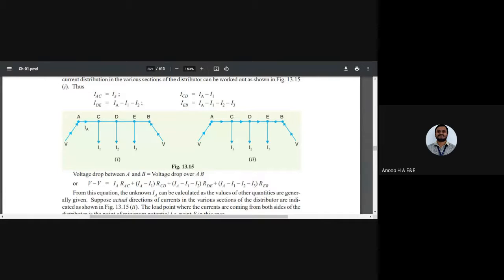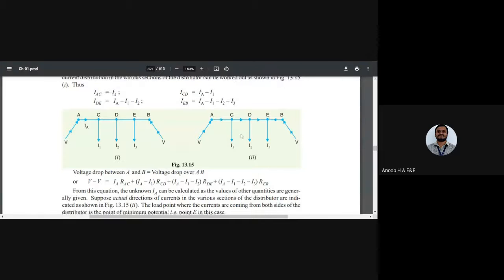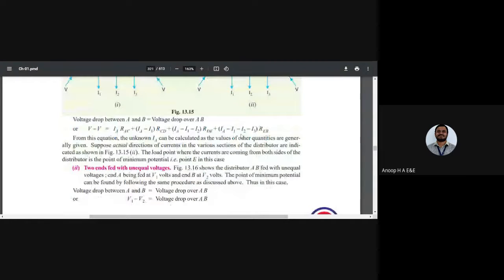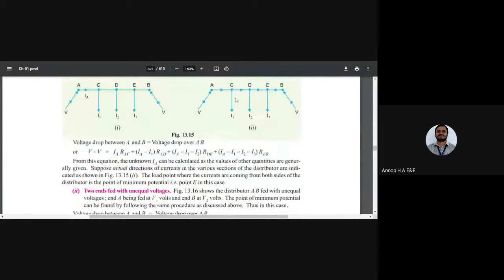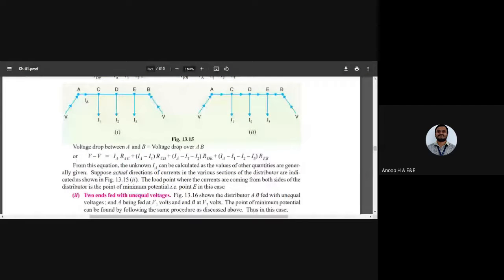Similarly, you have a point E, which is taken as the minimum potential point in the above case. So that is the reason why you have to find the current IA once you know the directions properly, and once you exhibit a reversal in the values, that is the sign of the magnitude, you will be getting the minimum potential point.